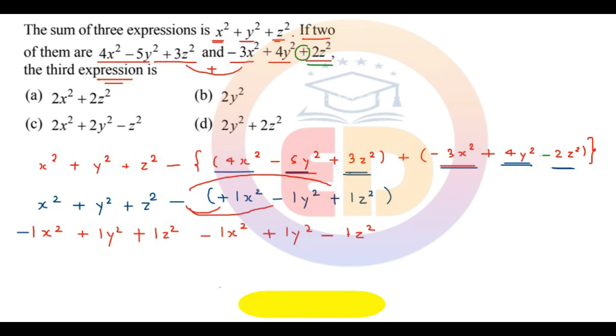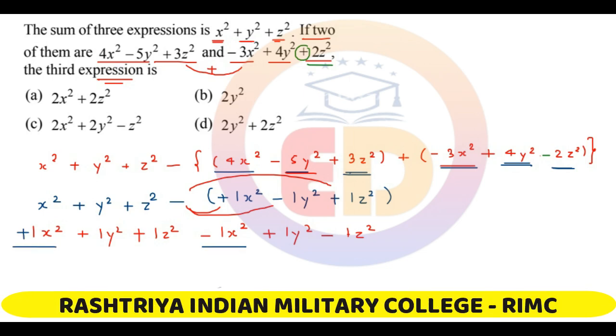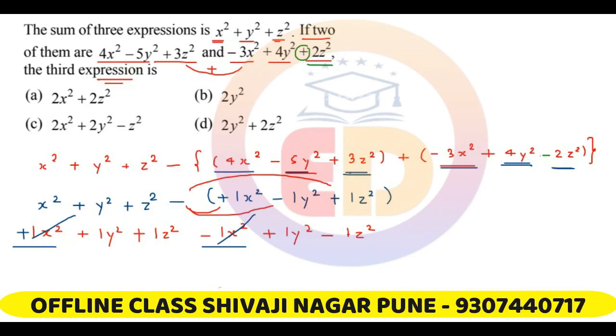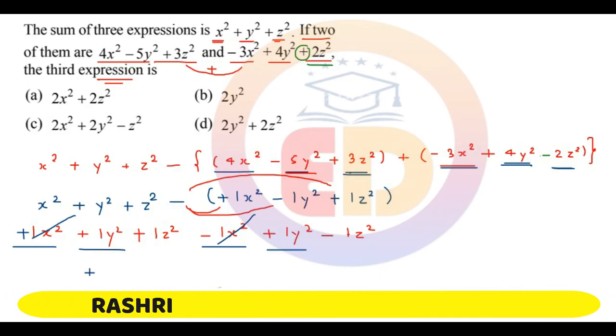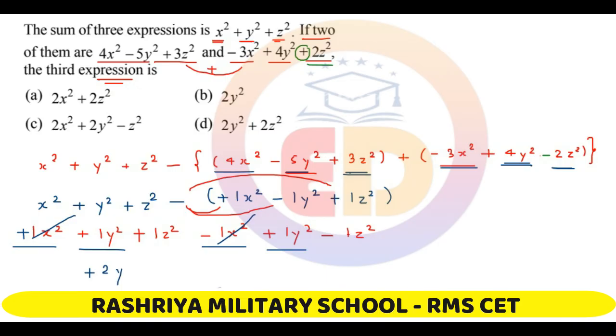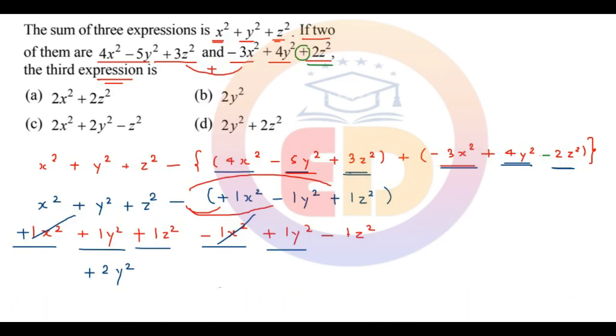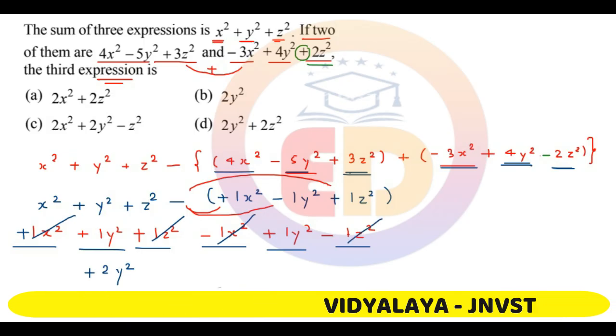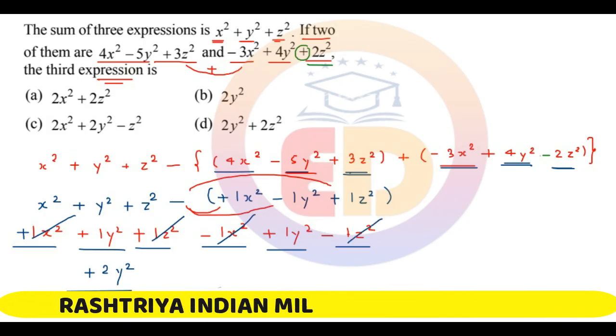This is plus 1x square, this is minus 1x square. Like terms, opposite sign, they will cancel. Plus 1y square plus 1y square plus 1 is plus 2y square. This is plus 1z square, this is minus 1z square. Cancel. My final answer is plus 2y square, which is my option number B.